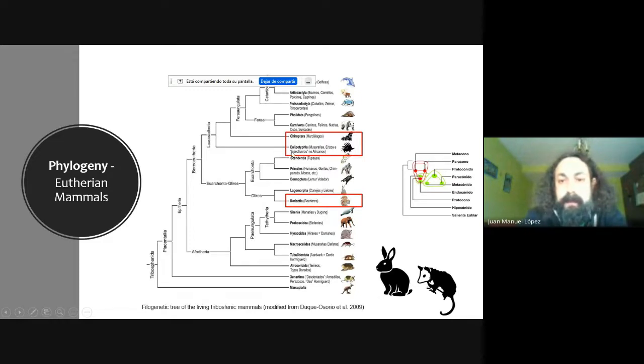Here you also see a little of the morphology of the teeth of this group of mammals in general.